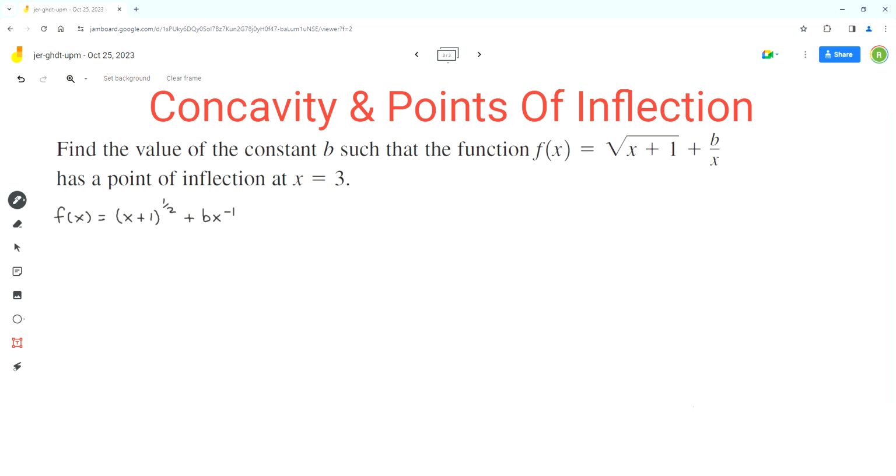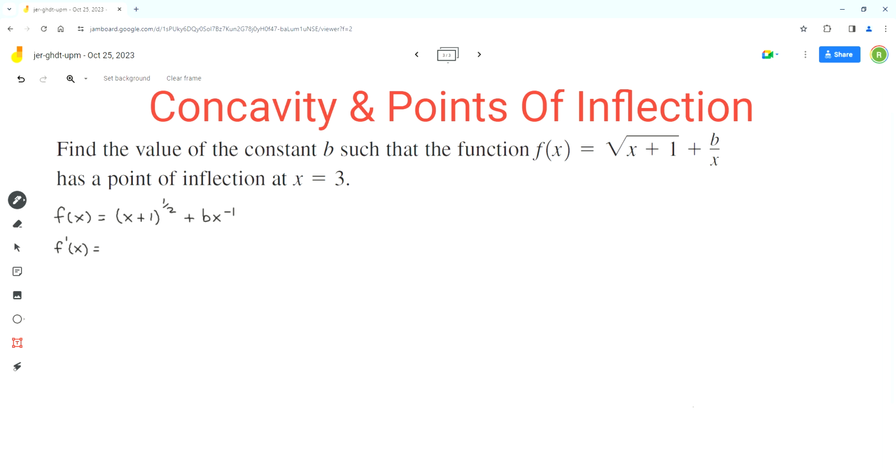Now we can find the first derivative of this function. For the first term, we'll have to use the chain rule because this term has an inner function x plus 1, and the outer function is the exponential function with exponent 1 over 2. So we start with the derivative of the outer function. For that we'll use the power rule.